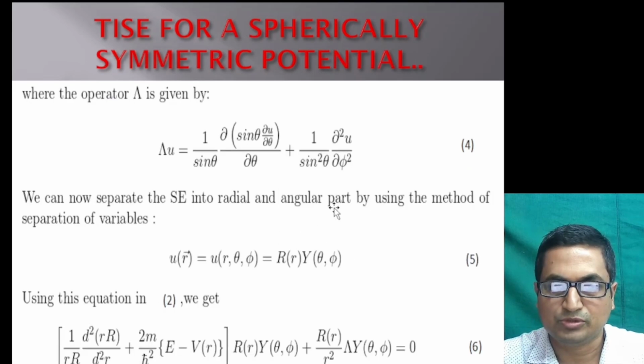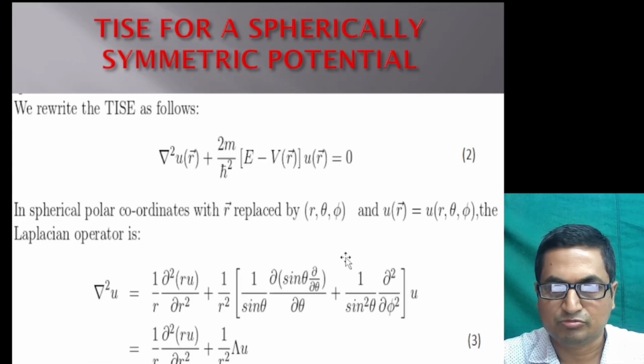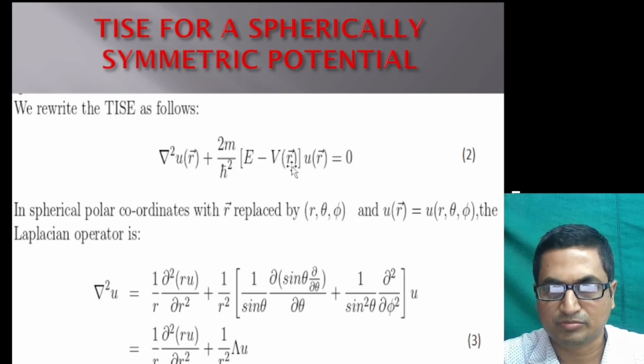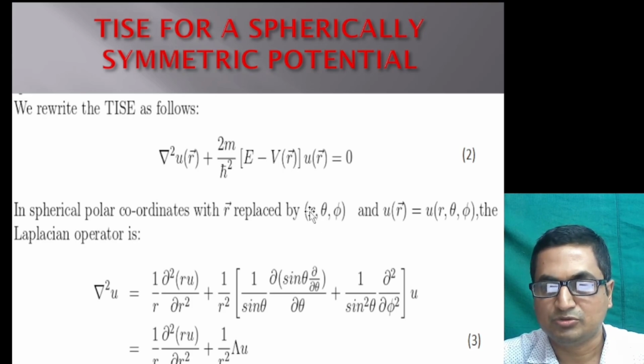And also, since we have defined the potential as a spherically symmetric potential, we'll see that V is dependent only on r. It is independent of theta and phi. The direction part of the r vector is basically dependent on theta and phi, and since for a spherically symmetric potential V is a function of only r, it will not depend on theta and phi.